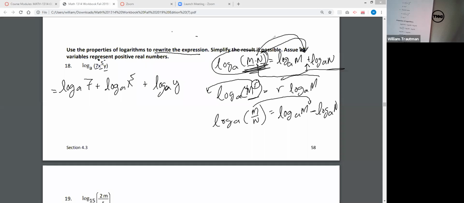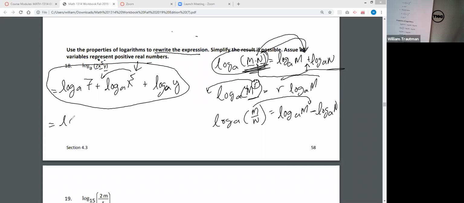We're not done. If you put this down as an answer, it is wrong because you cannot have this power. We remember the power. If you have this power, the power comes in front of that particular log.